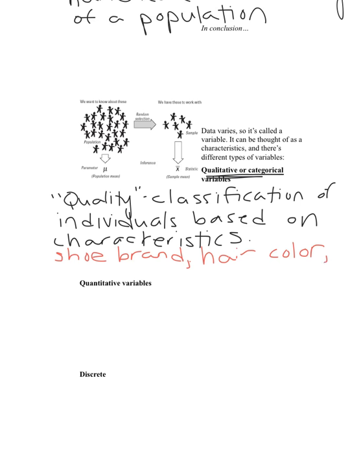You can talk about the qualitative variable of majors. Let's say we have bio majors and nursing majors. Those are values of that variable. Eye color would be a variable, and its values would be brown, hazel, green, black, blue, etc. And then quantitative variables.